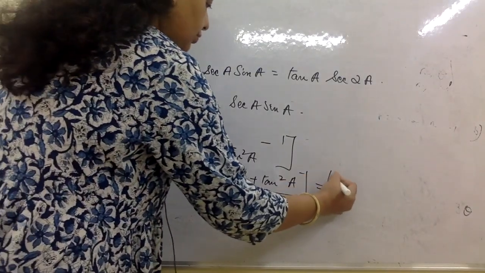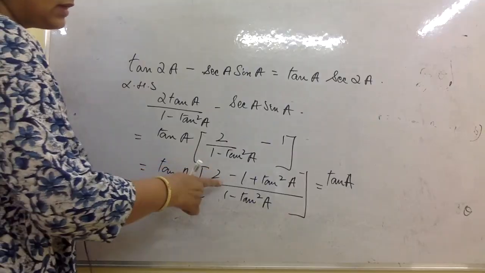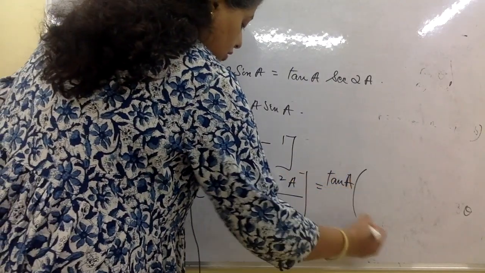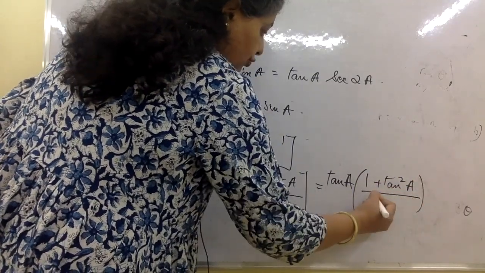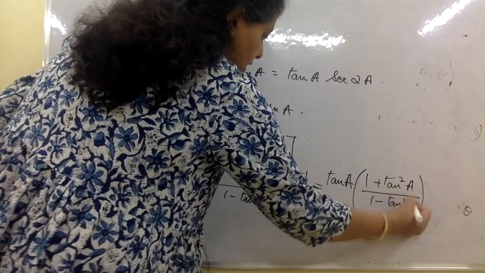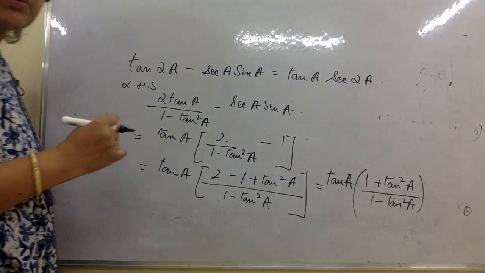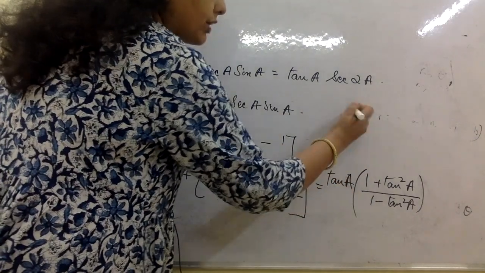That is equal to tan A, yes, tan A, and this becomes 1. Okay, so 1 plus tan square A and 1 minus tan square A, yes, that is equal to 1 plus tan square A over 1 minus tan square A, which is coming from the cos 2A formula.